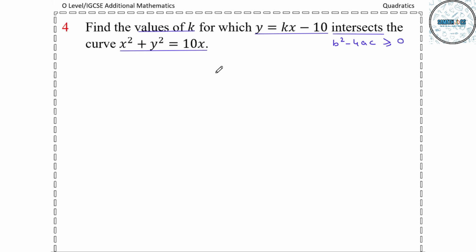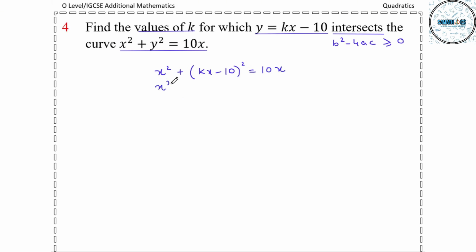So first of all, we will solve these two equations simultaneously. We have here y is equal to kx minus 10 and here x squared plus y squared is equal to 10x. So we will substitute the value of y from the linear equation into the curve equation. So we have x squared plus (kx minus 10) whole square is equal to 10x.